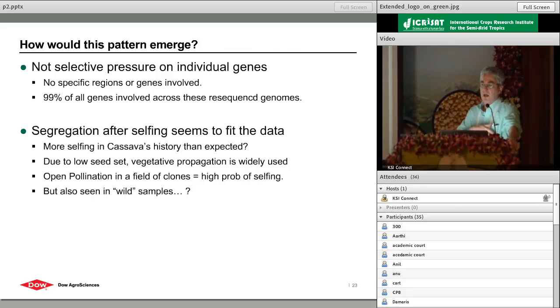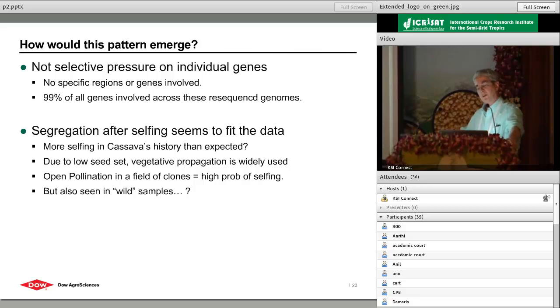And if you think about how cassava is cultivated, it kind of makes sense because we propagate cassava vegetatively. And so in a field that a farmer has, it's very likely that the plant that's going to receive the pollen for the outcross is a clone of the donor of the pollen. So a botanical outcross is actually a genetic self.